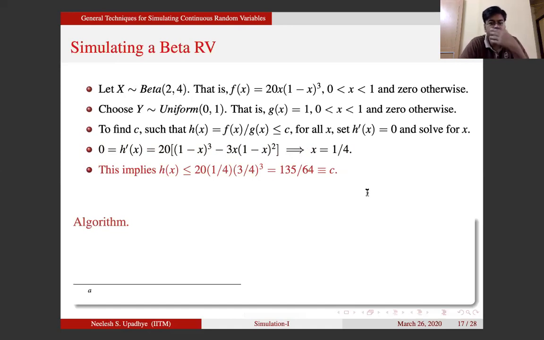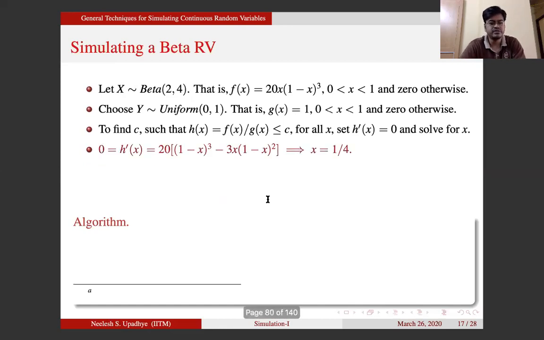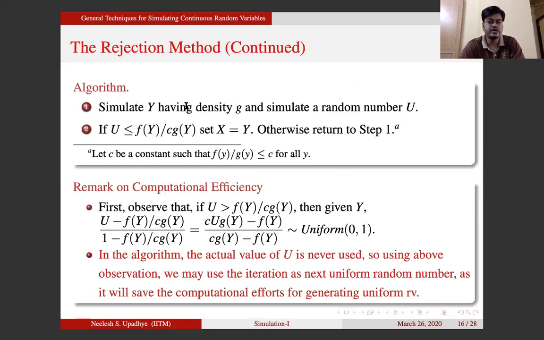Now going to the algorithm, we need f(x)/(c g(x)), which will be in this form: 256/27 x (1 minus x) cubed. Then we are ready to set the algorithm. So what was the algorithm in the previous case? Let us go back and see. Simulate y with density g. We have chosen it to be uniform. Another random number u. So we are generating two uniform random numbers, and you will check whether u is less than or equal to this.